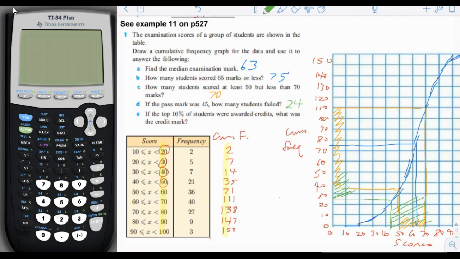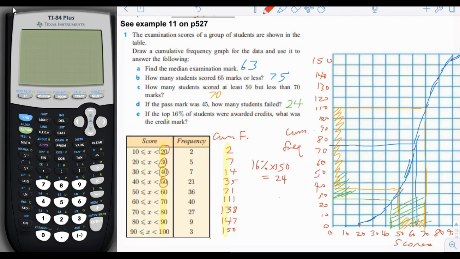Okay. If the top 16% of the students were awarded credits, what was the credit mark? So 16% of the students would be 16% times 150. How do you do that? You do 0.16 times 150, and that gives you 24. So 24 students. The top 24 students got credit.